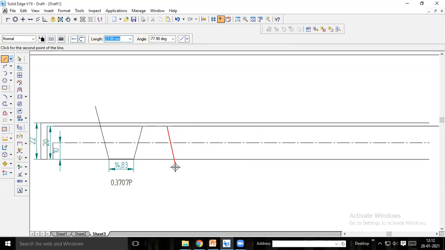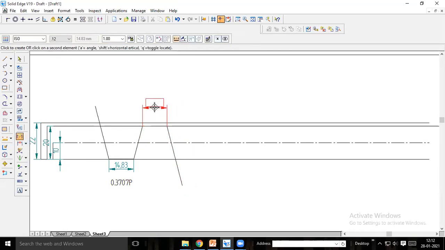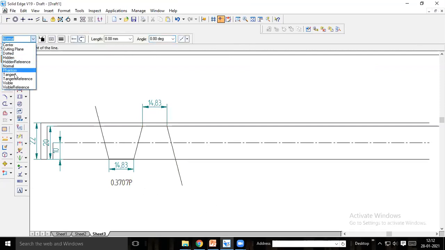From here you extend. What is the line? This is 270 plus 14.5 angle. You have to take the distance of 0.3707 here. This is a very key point when you are constructing the Acme thread. Make the visible line.